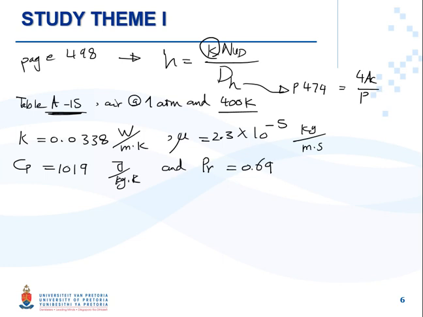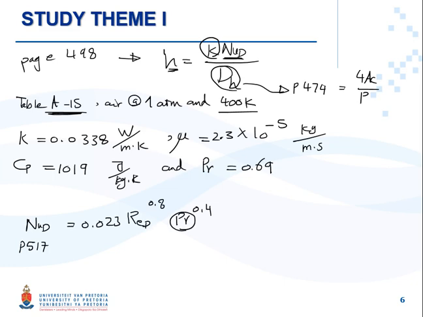If we find Nusselt, we will have H. So for Nusselt D, from page 517 of your textbook, you can see this correlation: Reynolds D to the power of 0.8, Prandtl to the power of 0.4. Prandtl, do we have it? Yes. So if we find Reynolds, we will have Nusselt. When we have Nusselt, we will have H. Okay, let's find all of that and see how it works.